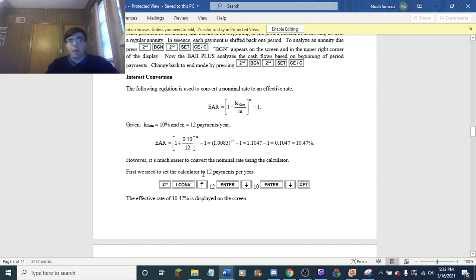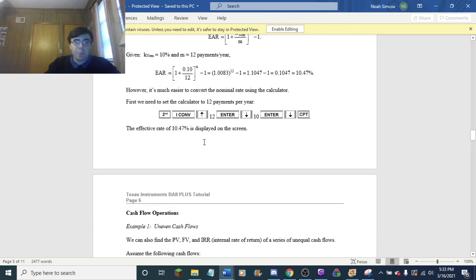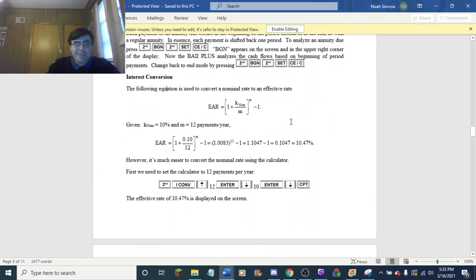Set the calculator to 12 payments per year. Then second icon. I bet nobody pronounces it like that.